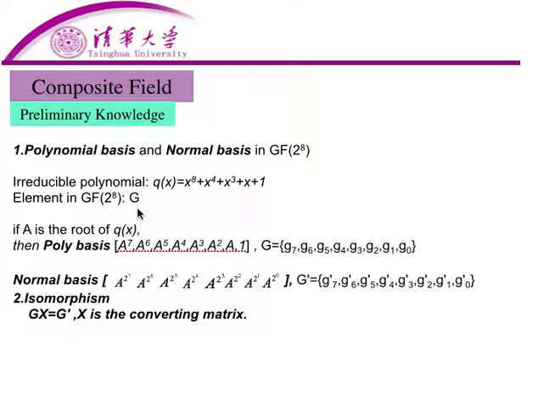Let's say F is an element in the field of 2 to the power of 8. If alpha is the root of q(x), then the polynomial basis is of a form like this, and the normal basis is of a form like this.